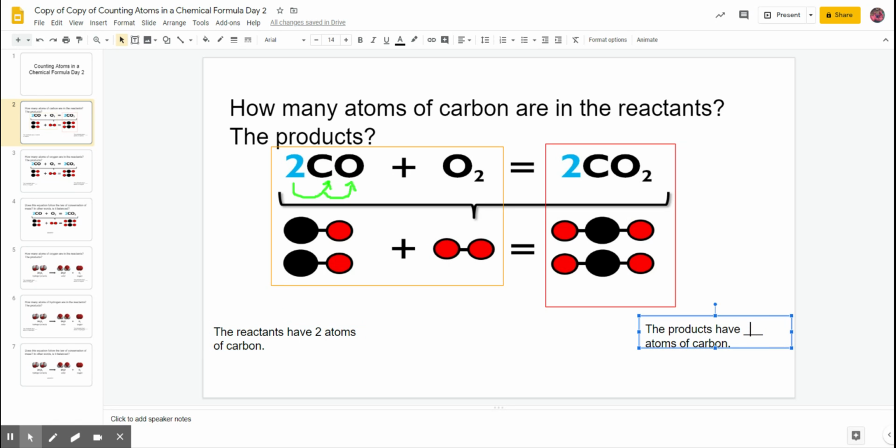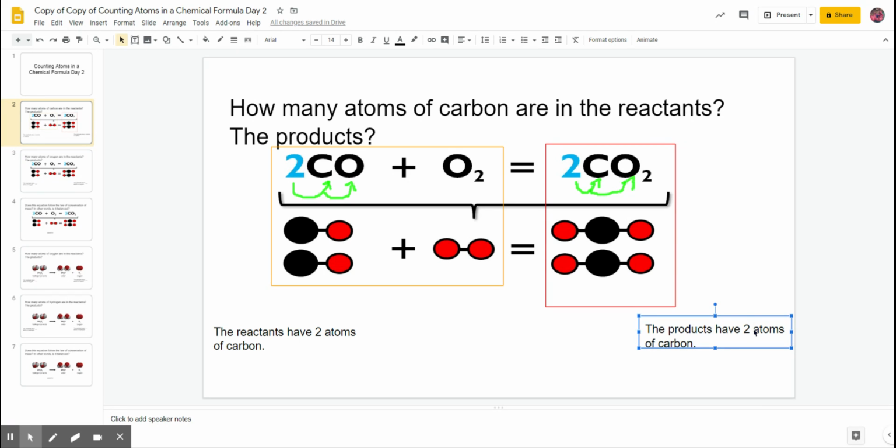Alright, now let's look at the product side. I see I have this coefficient of 2 already in blue, so I know it's separate. So I know it multiplies over to this C, and it multiplies over to this O. Right now I'm concerned with the C, so I do 2 multiplied by C, and the products have 2 atoms of carbon, because 2 times 1 is 2.